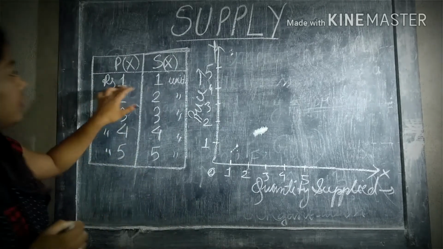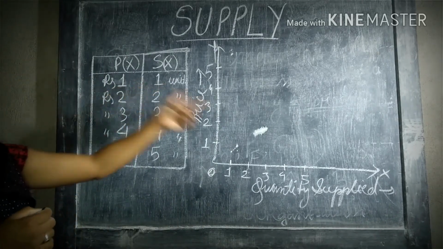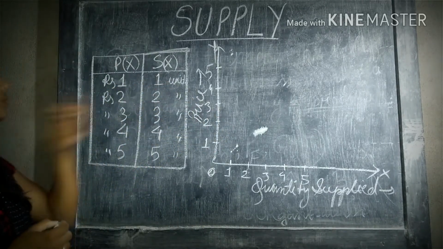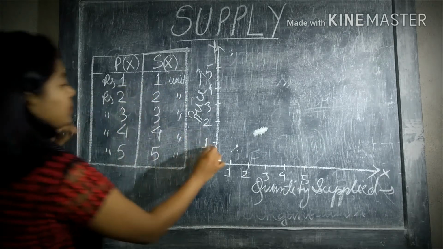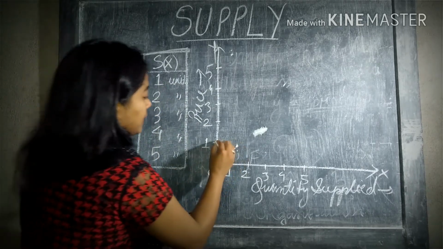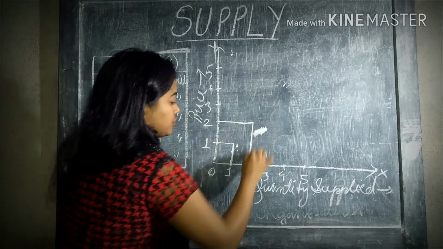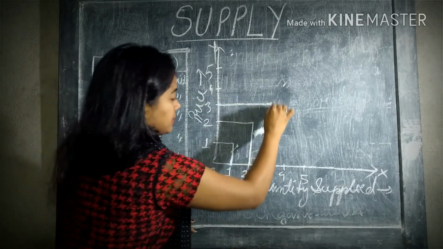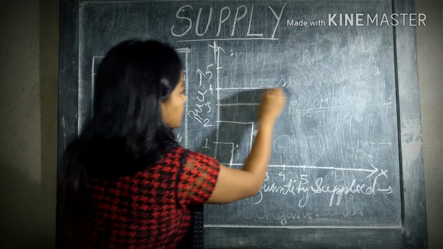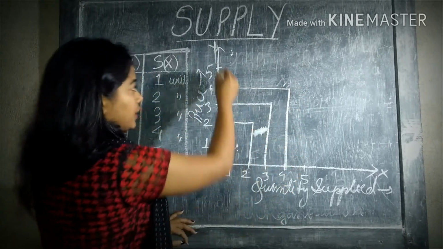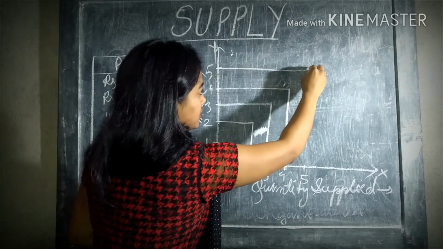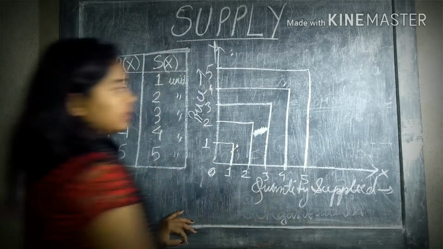Okay, so now we will put the amount or quantity here. So at rupees 1, the quantity supplied is 1. At rupees 2, quantity supplied is 2. At rupees 3, quantity supplied is 3. Again at rupees 4, quantity supplied increased to 4. Again at rupees 5, quantity supplied increased to 5 units.